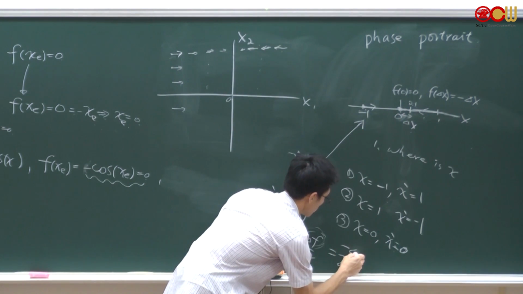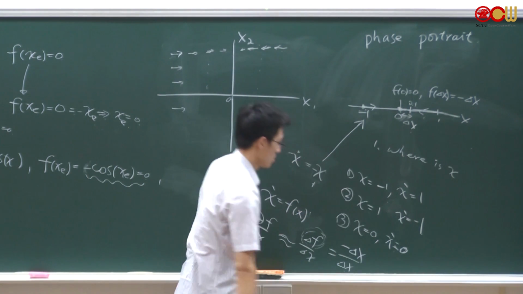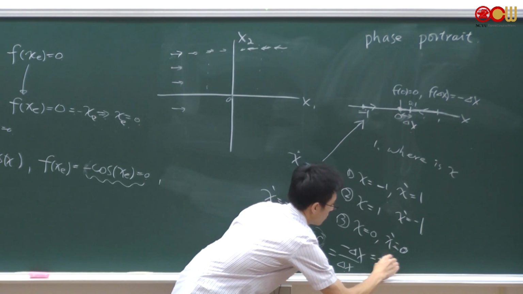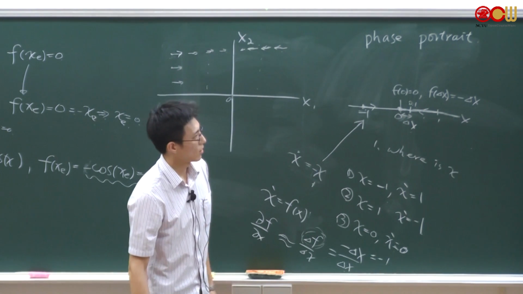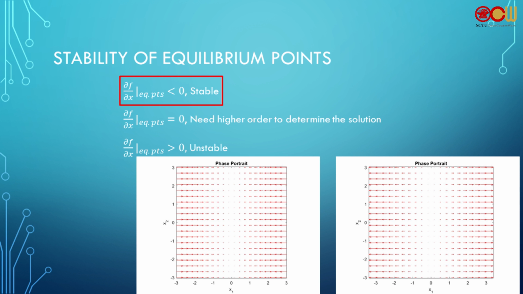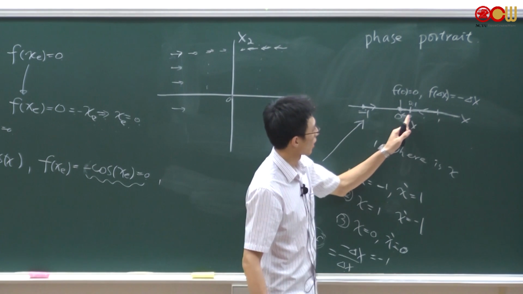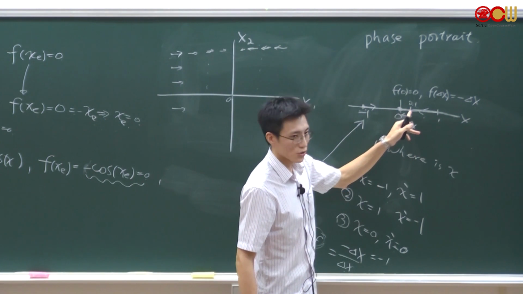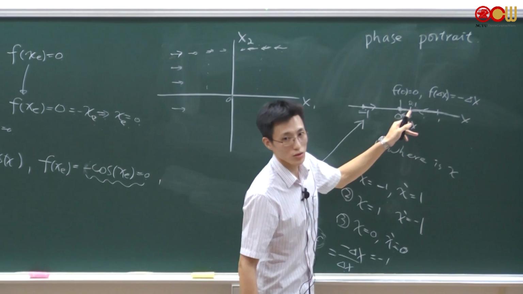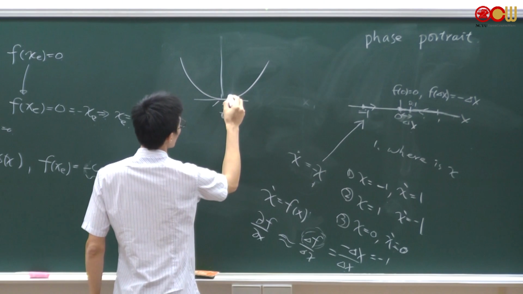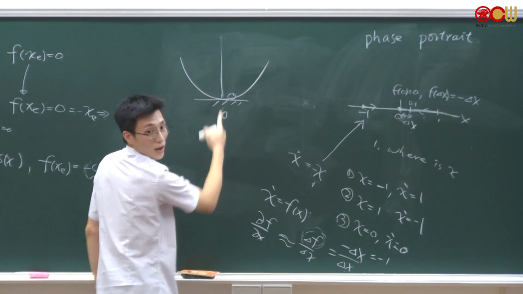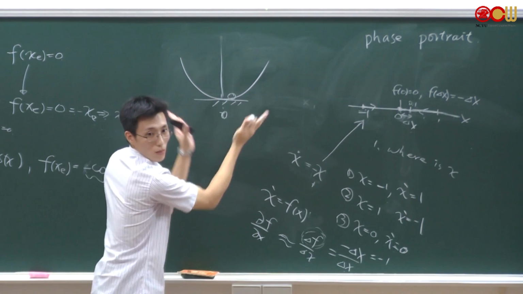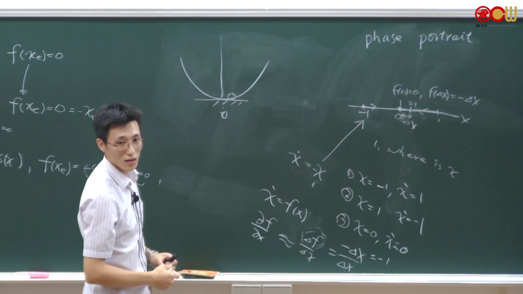So it's minus delta x, which is minus 1. And if this partial is minus 1, it says it's stable. Because given a disturbance, f is trying to decrease, which means it's trying to move back. Physically, given a disturbance, you're trying to move back, like a ball in a bowl, trying to move back.